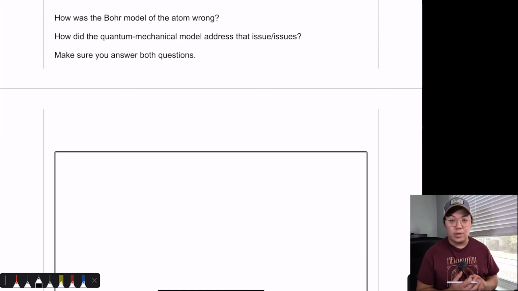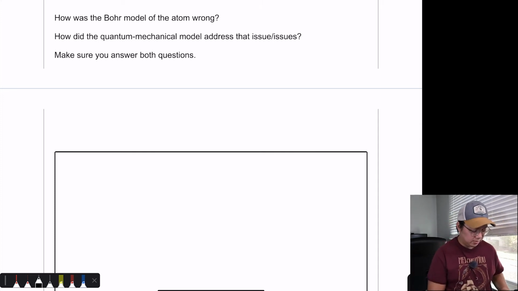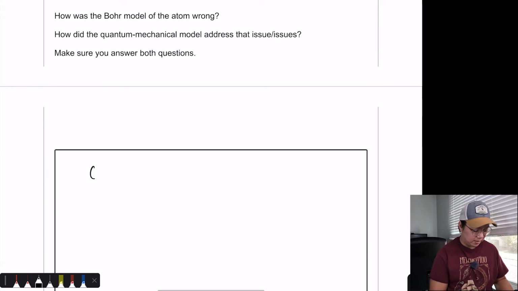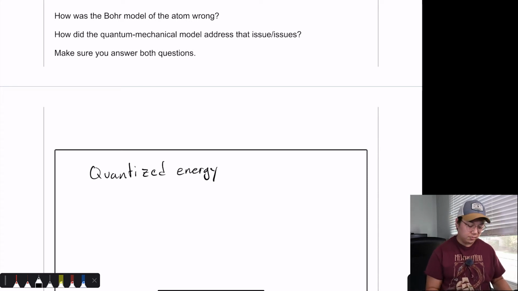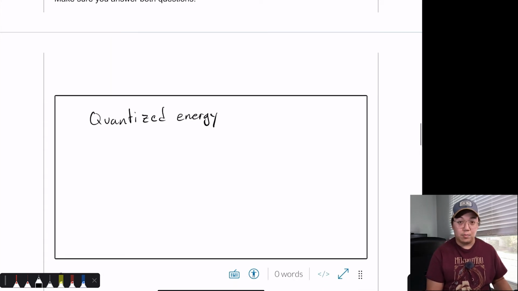So really what I was looking for here is that you would explain that the Bohr model did have these quantized energy states. So some of the key ideas that I was looking for. I'm grading these pretty laxly. I just want to see where you guys are at. So quantized energy, that was a correct thing about Bohr's model.